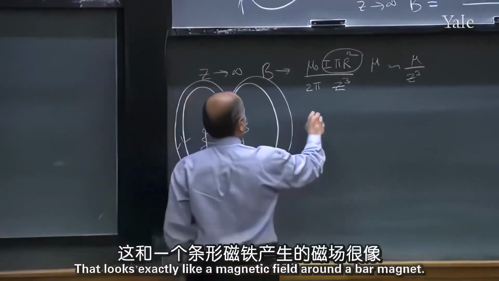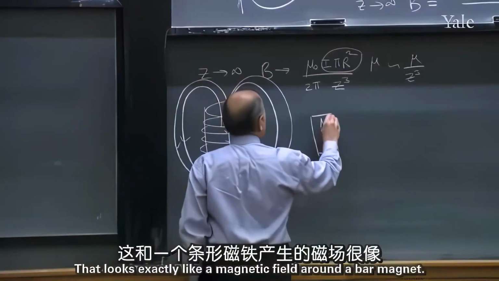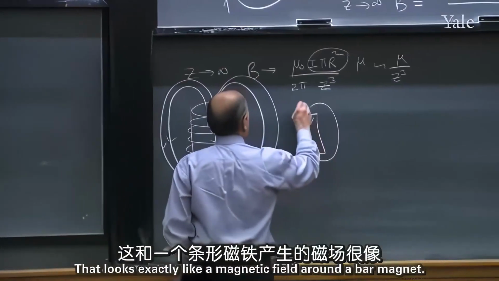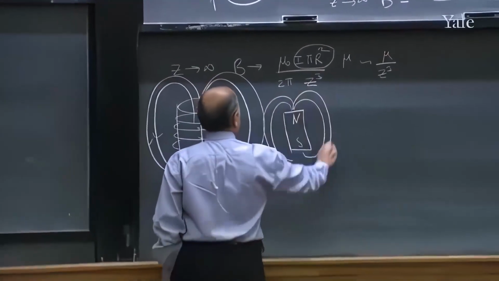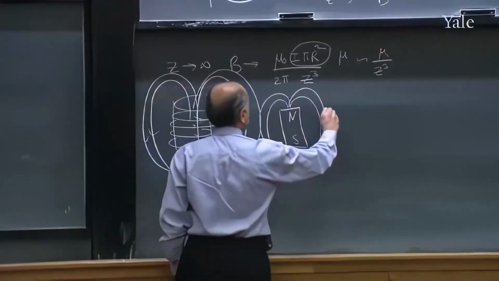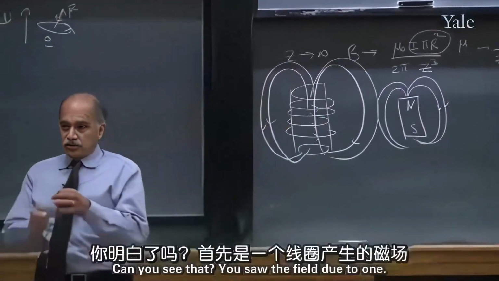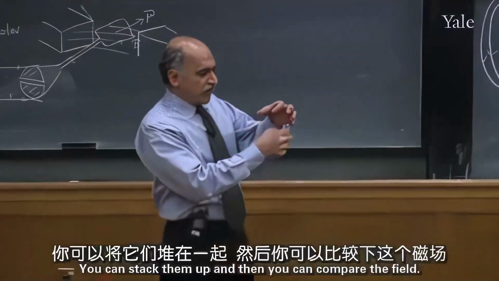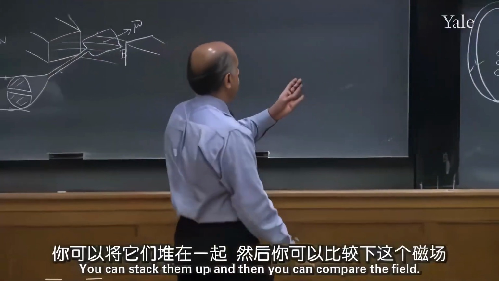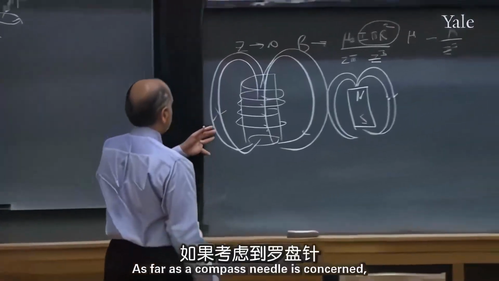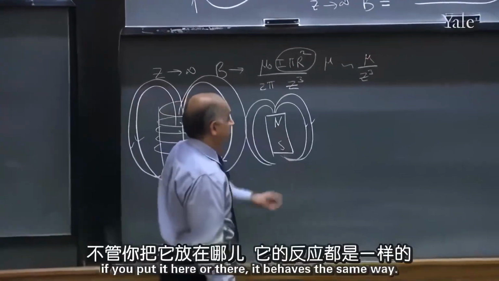That looks exactly like a magnetic field around a bar magnet. Can you see that? You saw the field due to one. You can stack them up, and then you can compare the field. As far as a compass needle is concerned, if you put it here or there, it behaves the same way.